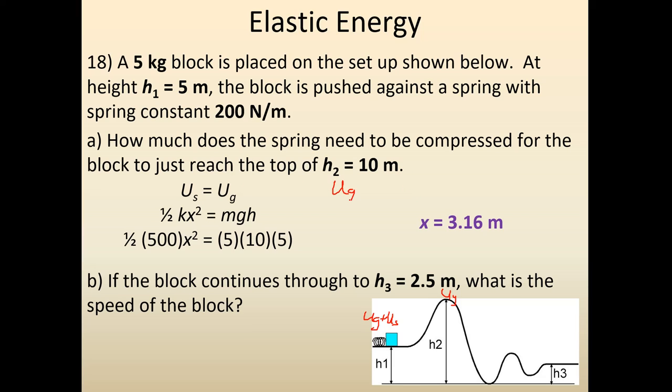You'd have UG plus US equals UG, this being at position 1 and this being at position 2. When you do the mgh here, the h here would be 5. Then we'd have this US. And then over here, the h would be 10. And when you move this over, you'd end up with 10 minus 5, which is 5. So, like I said, you still get the same answer as long as you set it up properly.